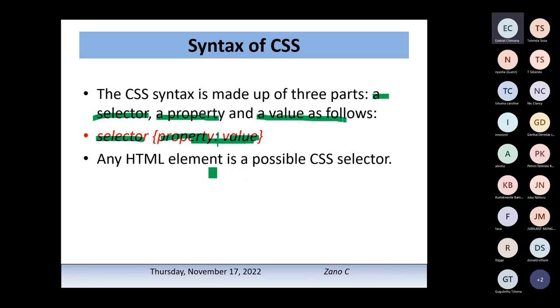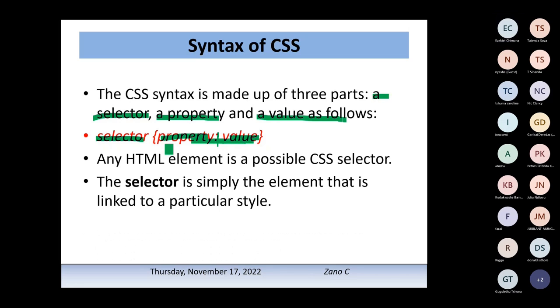Any HTML element is a possible CSS selector. So for any HTML element, you can put its name here as a selector, so that you pick it and then define some properties that you want it to follow. The selector is simply the element that is linked to a particular style.